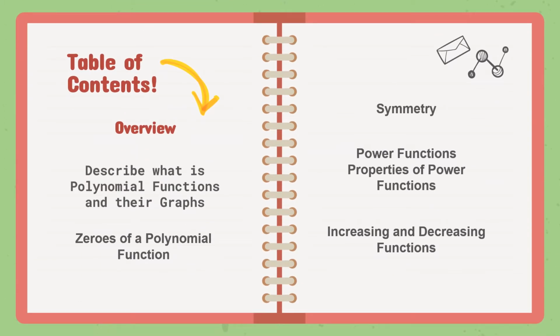Our lesson for this morning is to describe what polynomial functions and their graphs are, zeros of a polynomial function, symmetry, power functions, properties of power functions, and increasing and decreasing functions.